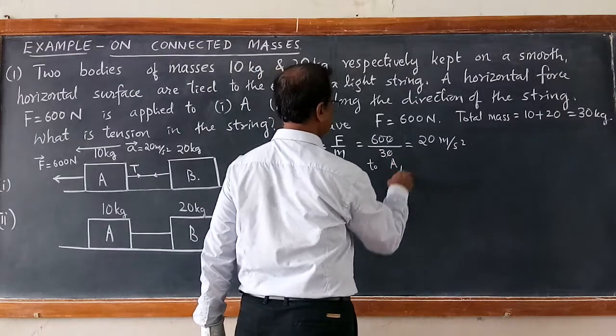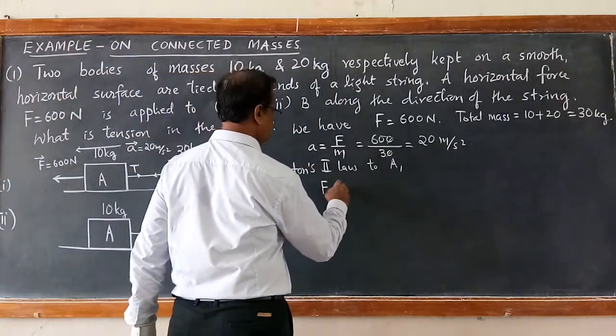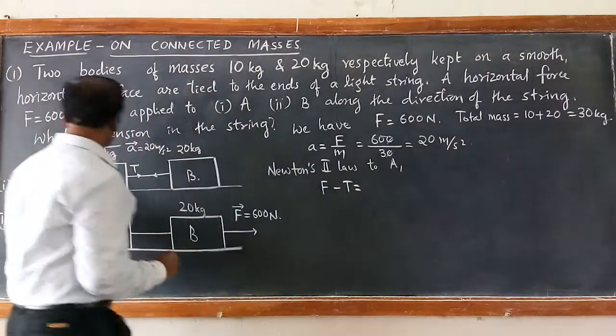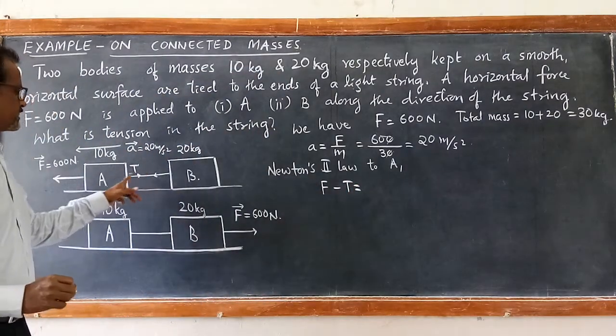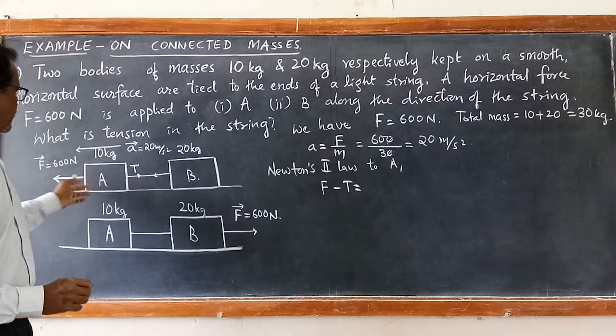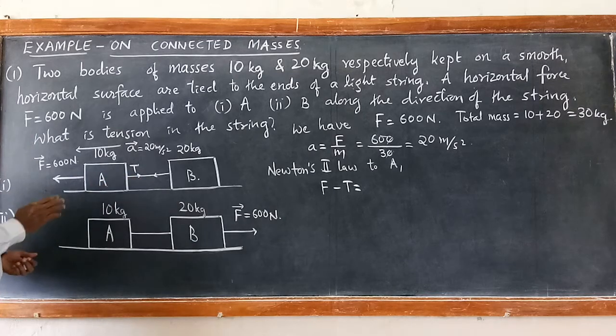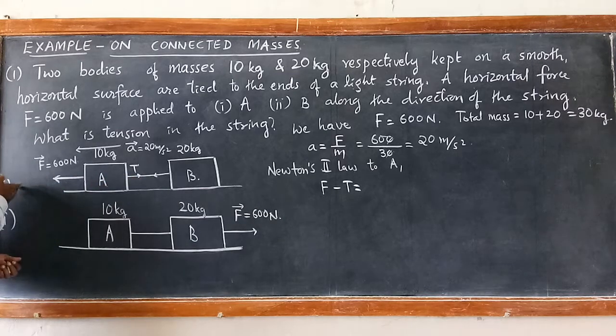Then we get F minus T. Look at this: F is towards left, T is towards right, so F minus T, they are in opposite directions. I have drawn F as a longer vector and T as a shorter vector, so that the net force is towards the left side.